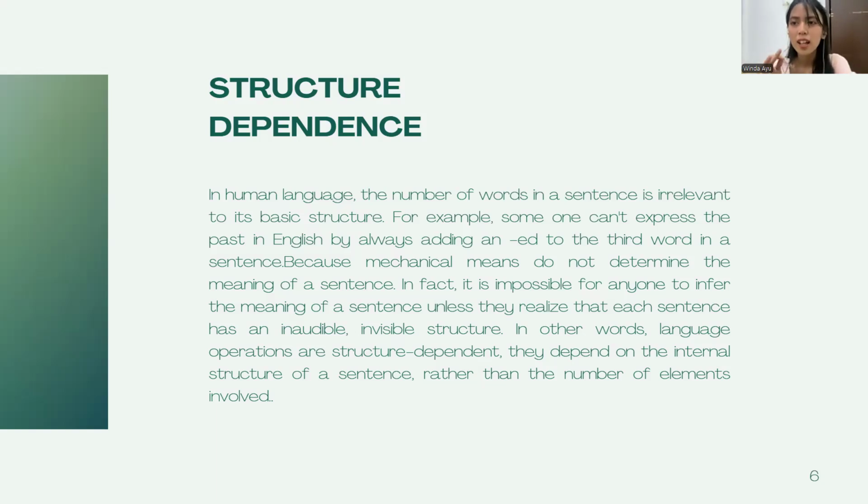In fact, it's impossible for anyone to infer the meaning of a sentence unless they realize that each sentence has an inaudible, invisible structure. In other words, language operations are structure dependent. They depend on the internal structure of a sentence rather than the number of elements in it.